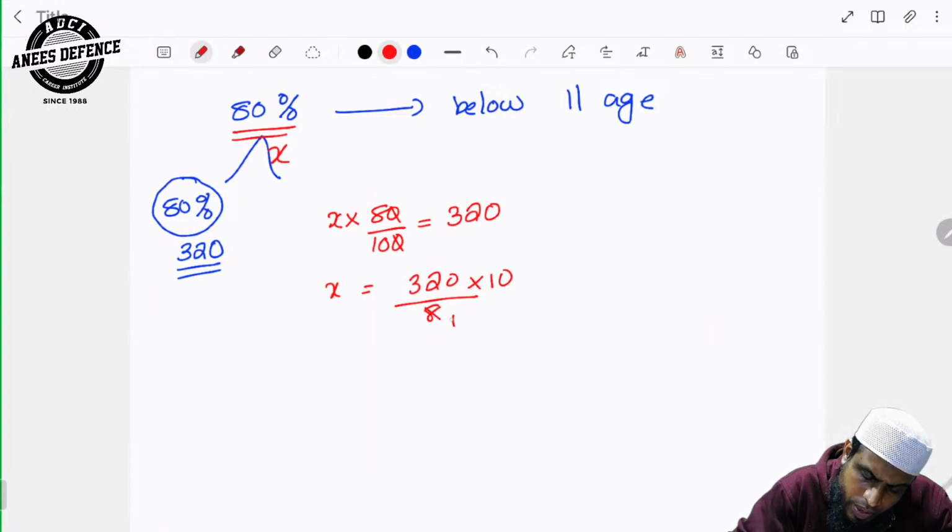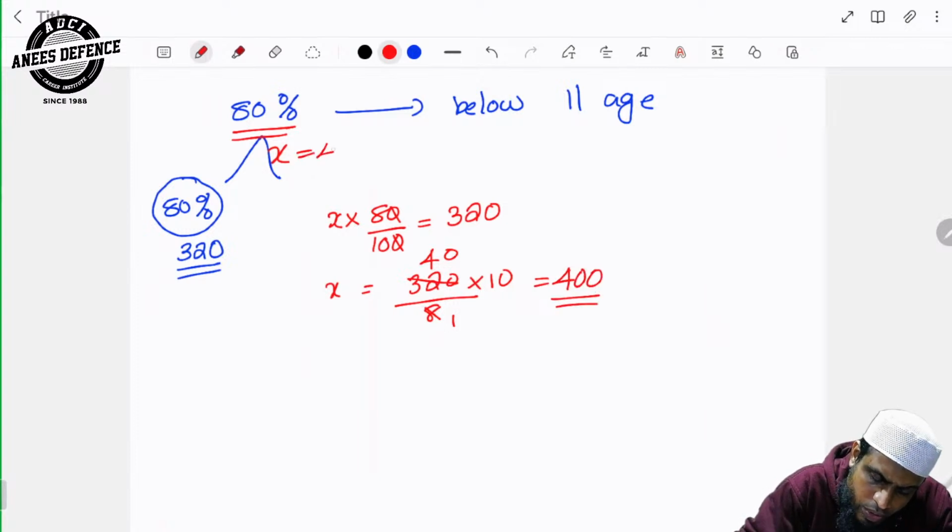So 1 into 8, 4 into 8, 40, 400. So total students enrolled below age 11 is 400. So out of 400, 320 are attending regularly. So remaining students is 80.